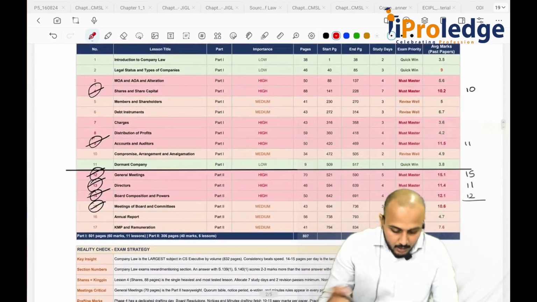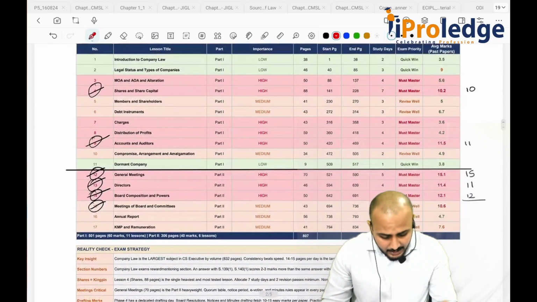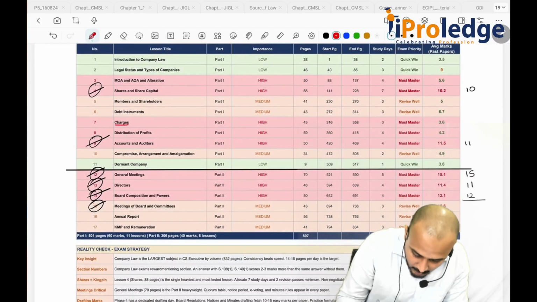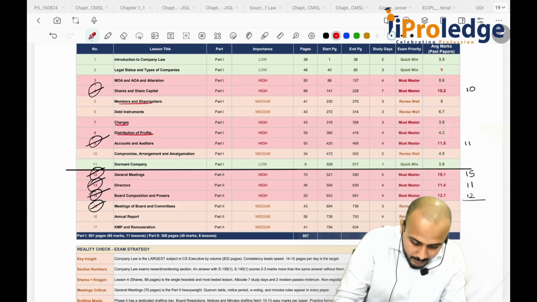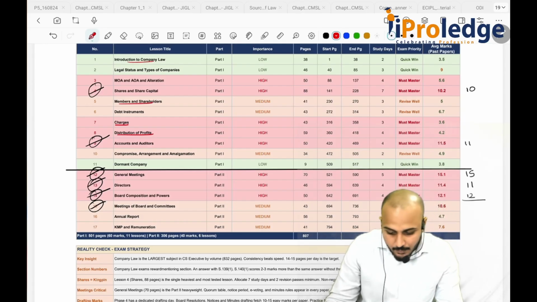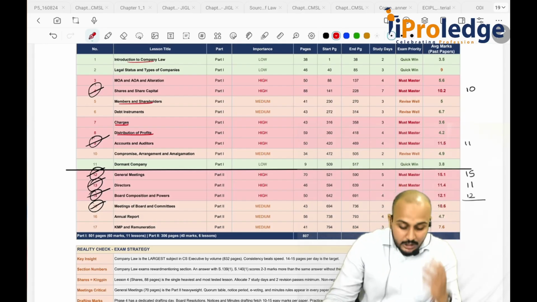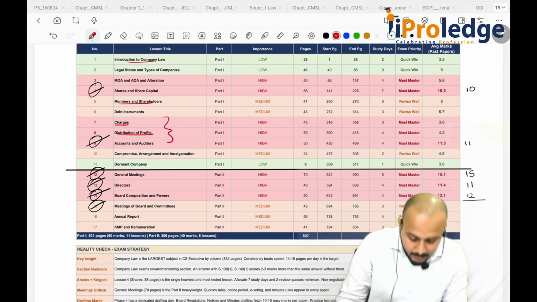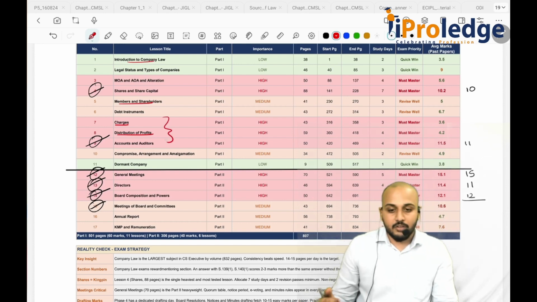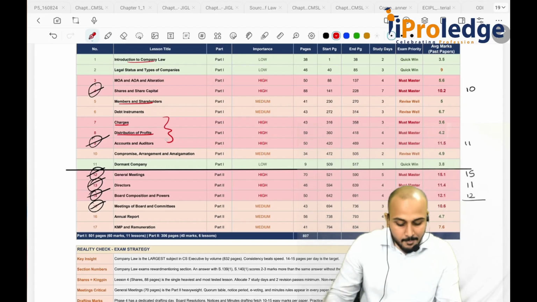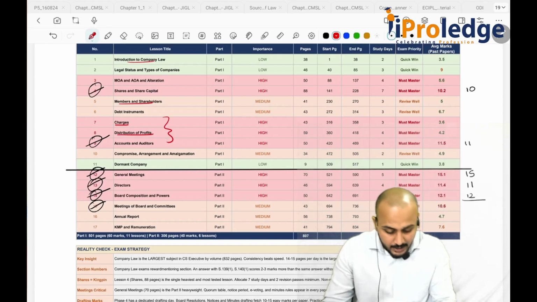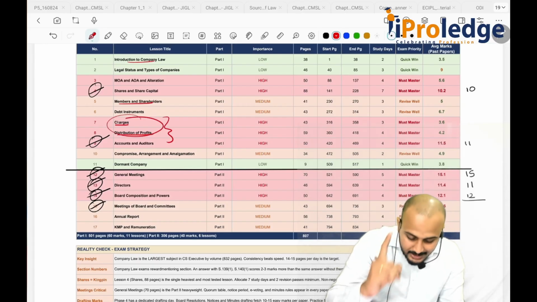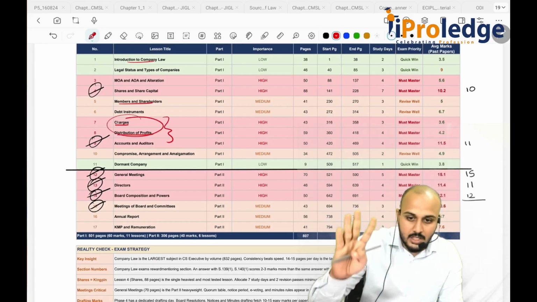Now, when you look at charges, distribution of profits, members and shareholders, introduction to company law, these are the chapters which you can probably study. Though I have given you more time and more days in this planner, if I knew you personally, I would suggest studying charges and distribution of profits in a single day.